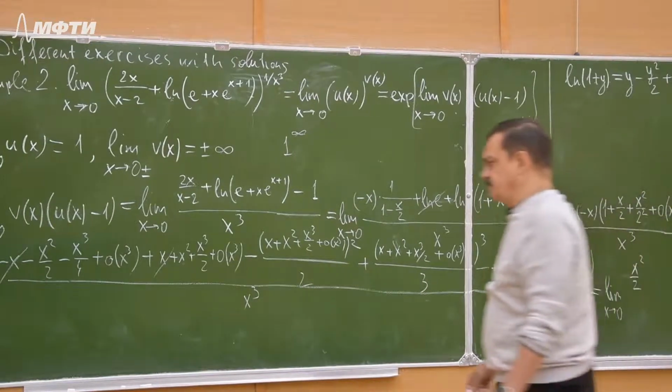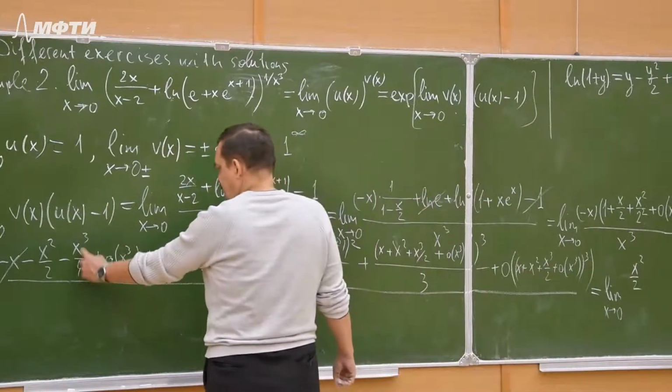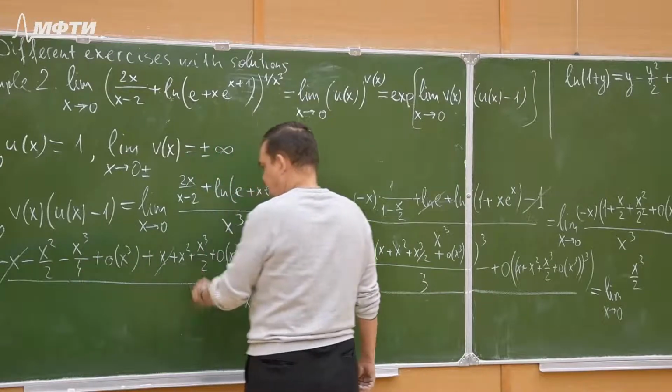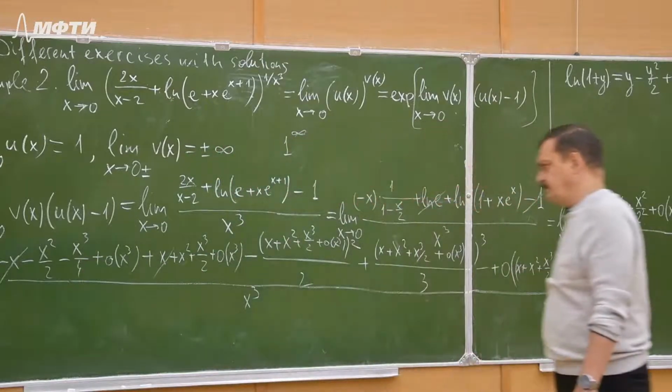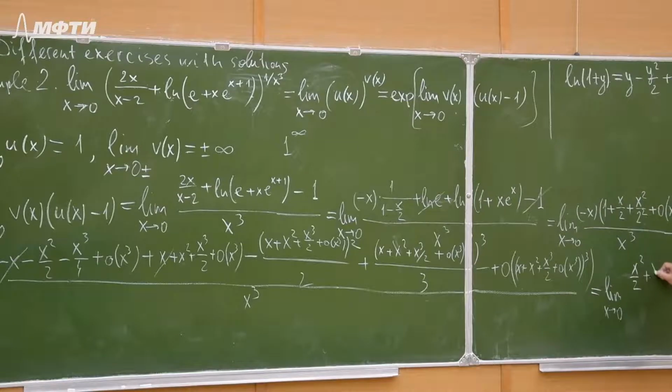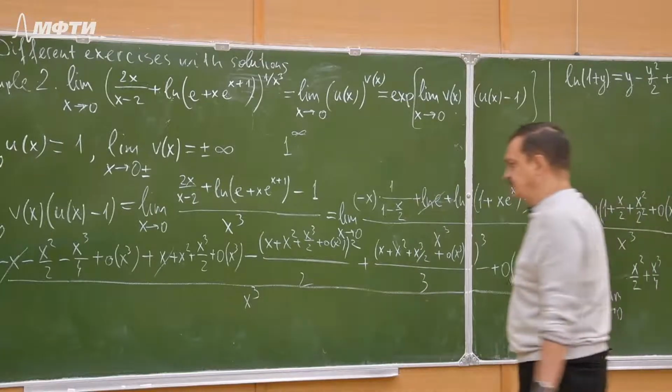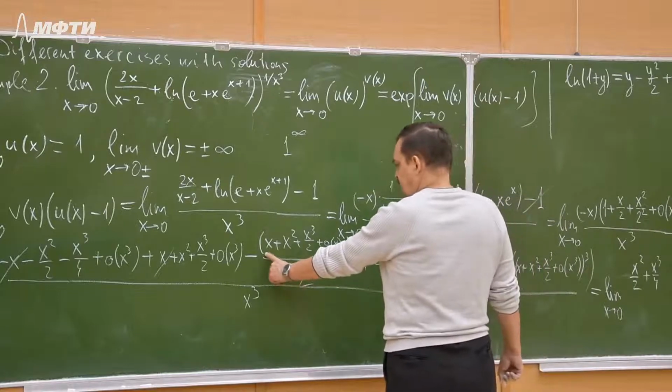Also, what is about cube? Cube minus x cubed over 4 plus x cubed over 2 gives plus x cubed over 4. Okay, now let's collect what remains.